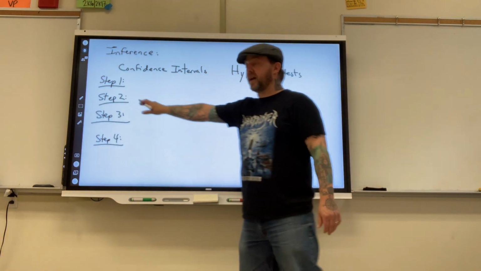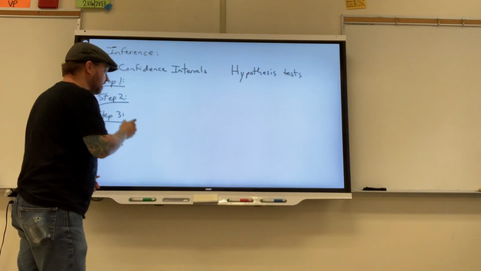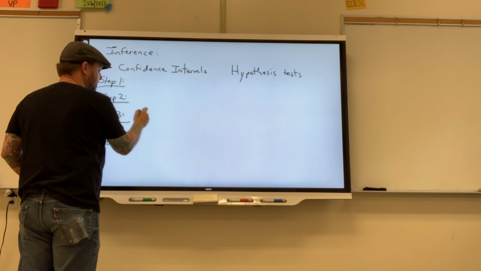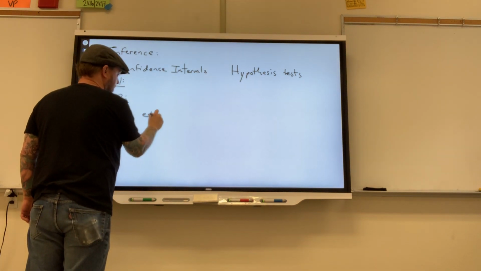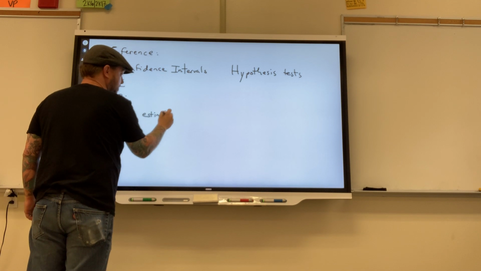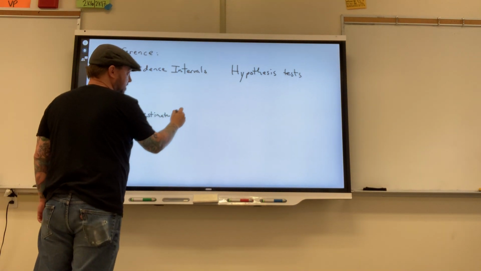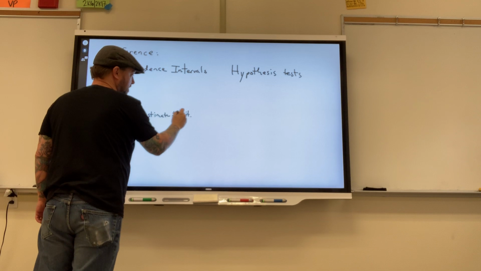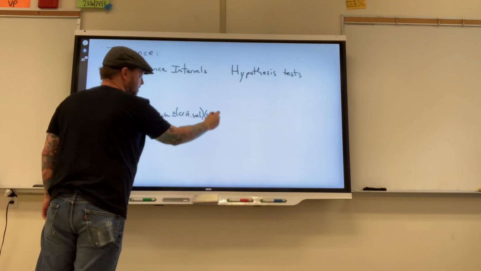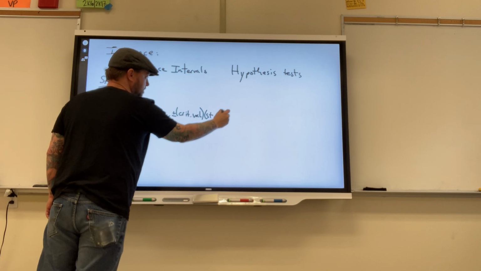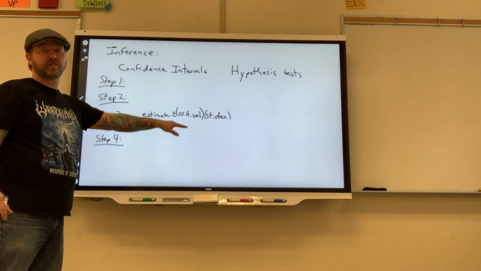Now on your formula sheet it should tell you for a confidence interval it's always estimate or statistic plus or minus critical value times the standard deviation of the statistic.